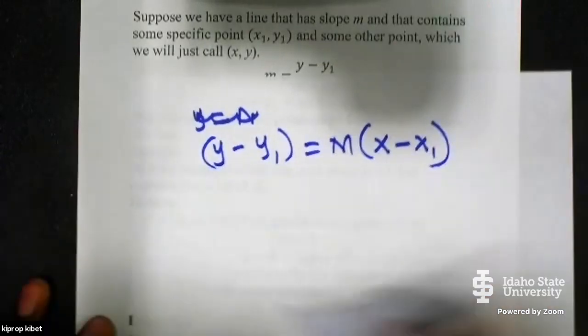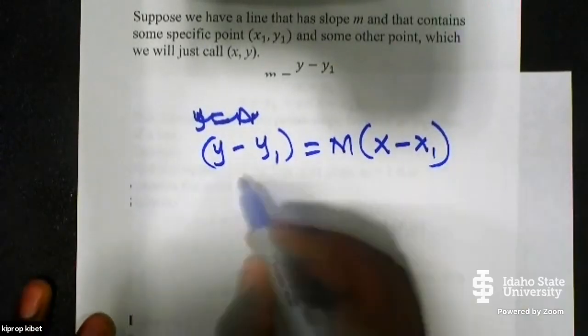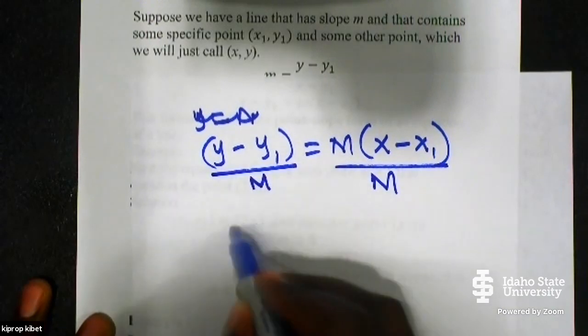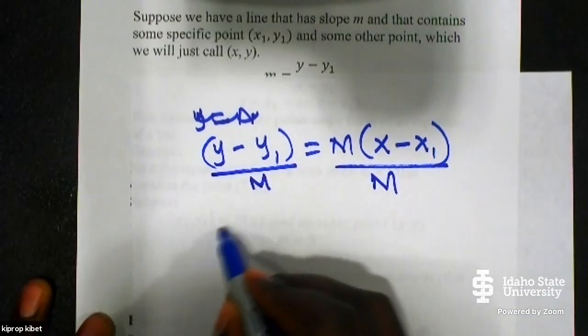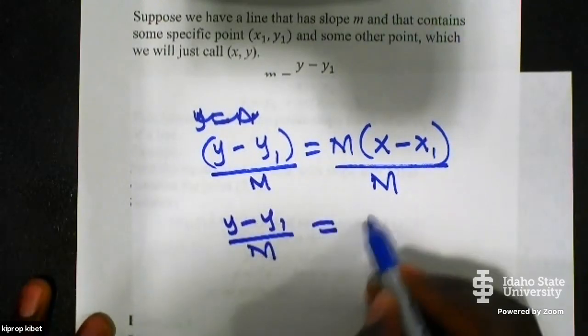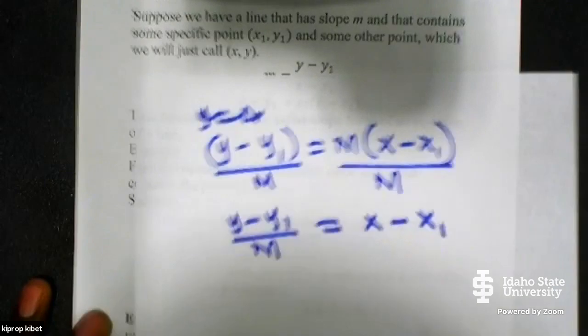So here you divide everywhere by m first. So y minus y1 all over m equals x minus x1.